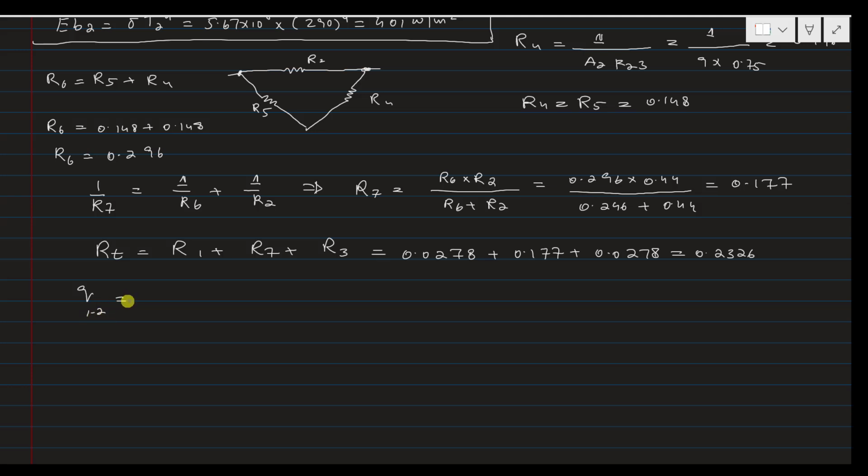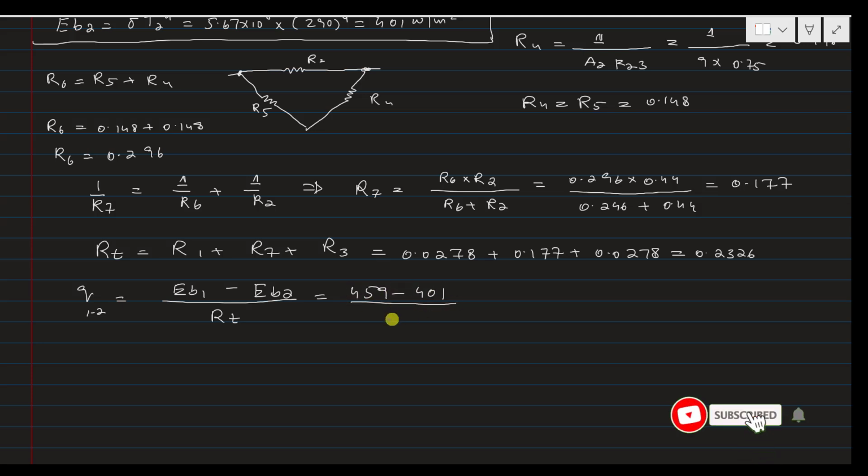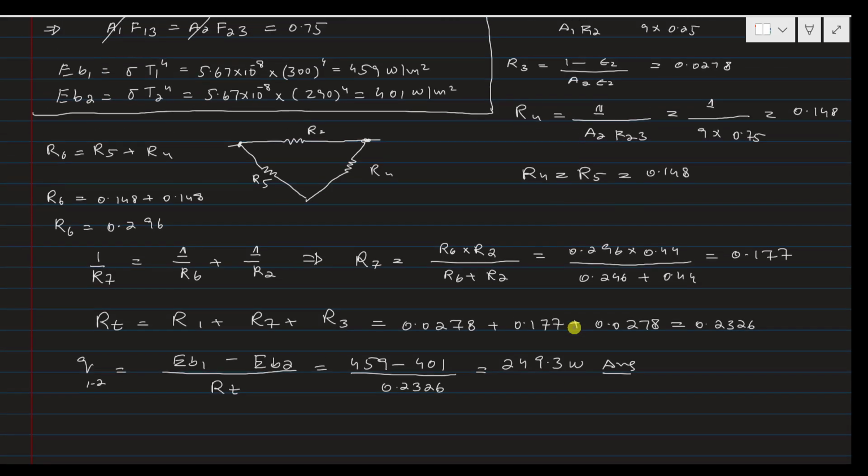Okay, so the heat transfer between these two surfaces, from the floor to the ceiling, that is 1 to 2, is equal to (EB1 minus EB2) divided by the total resistance that comes across the heat transfer, that is RT. Now we need to find the temperature of the valve.